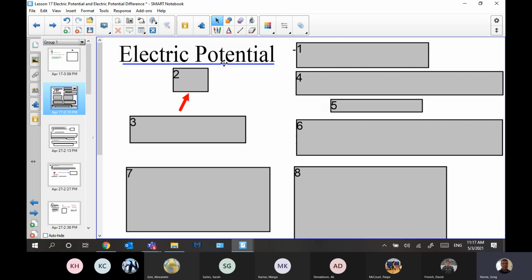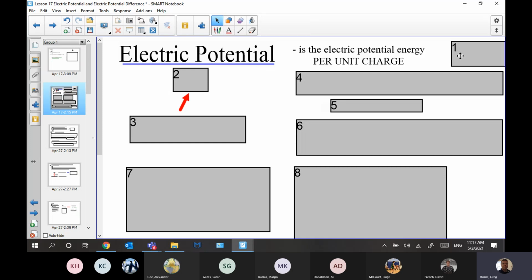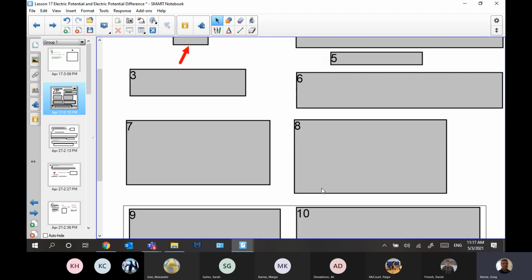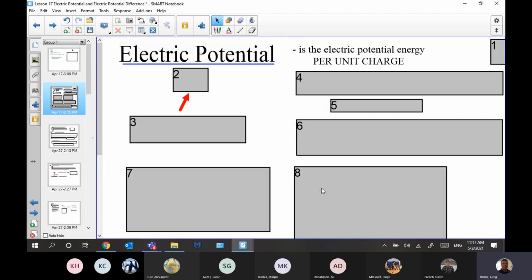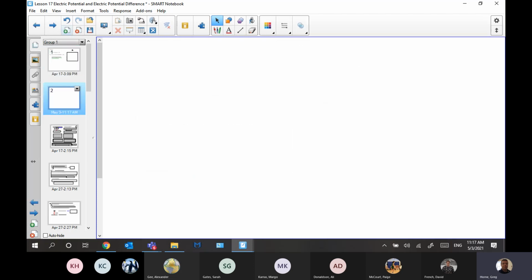To start with, a new definition for us. We've talked about electric force, we've talked about force per charge, we've talked about energy, and now we're talking about energy per charge. So just try to keep that straight in your head, right? Let's do a little pre-page here.